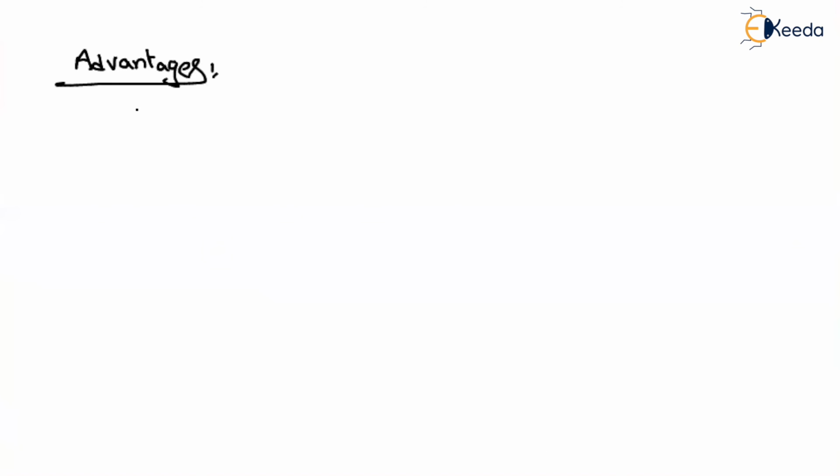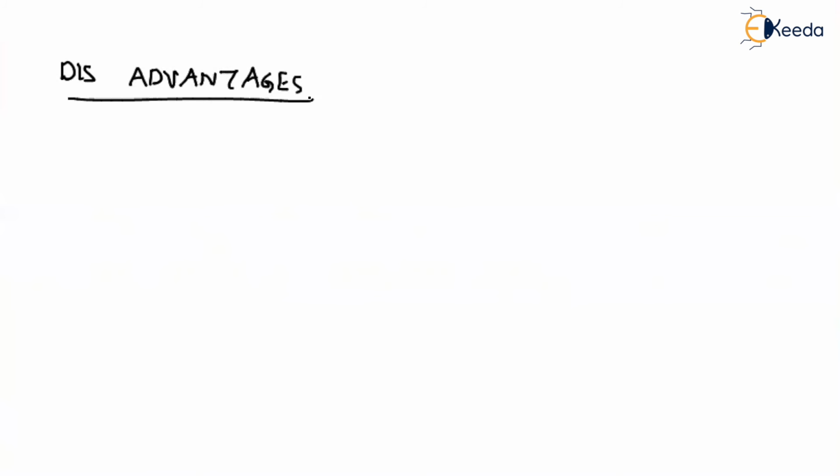Now let us see some of the disadvantages. The disadvantage is that the failure plane is predetermined. Why? Because as we are placing a groove, the failure plane will always be in the horizontal direction.